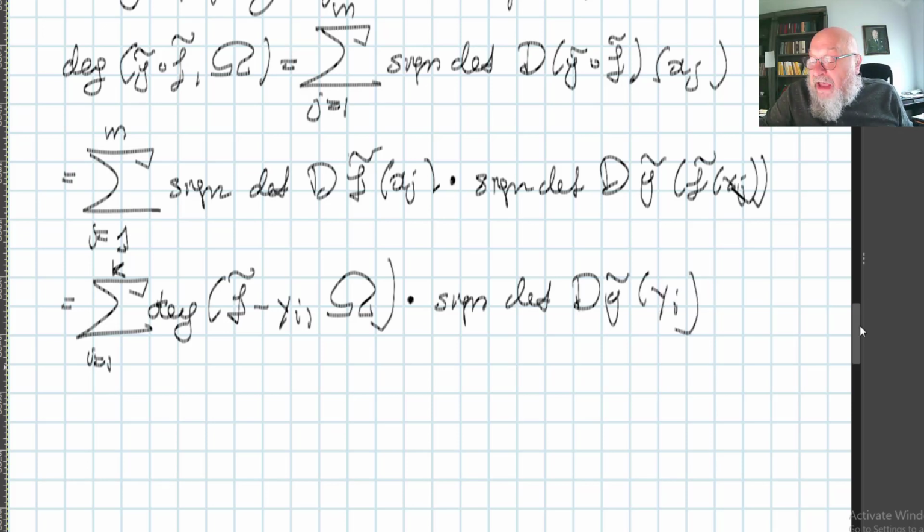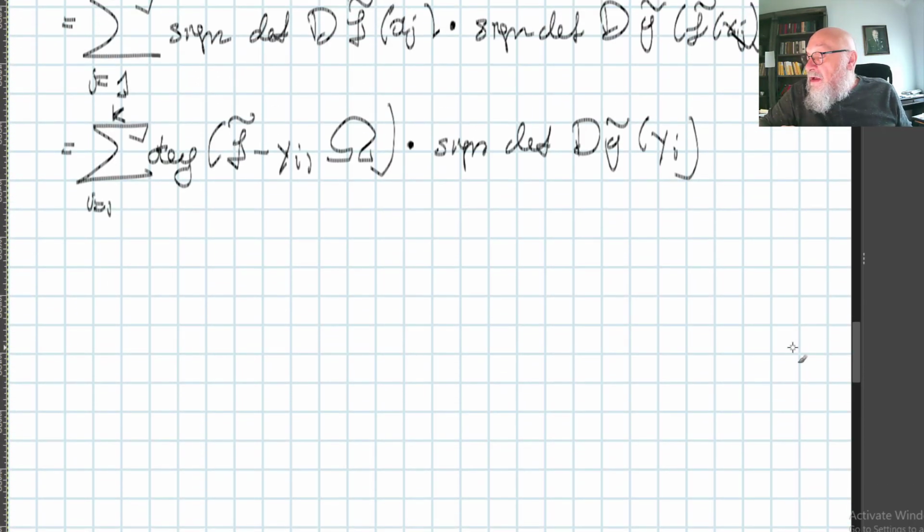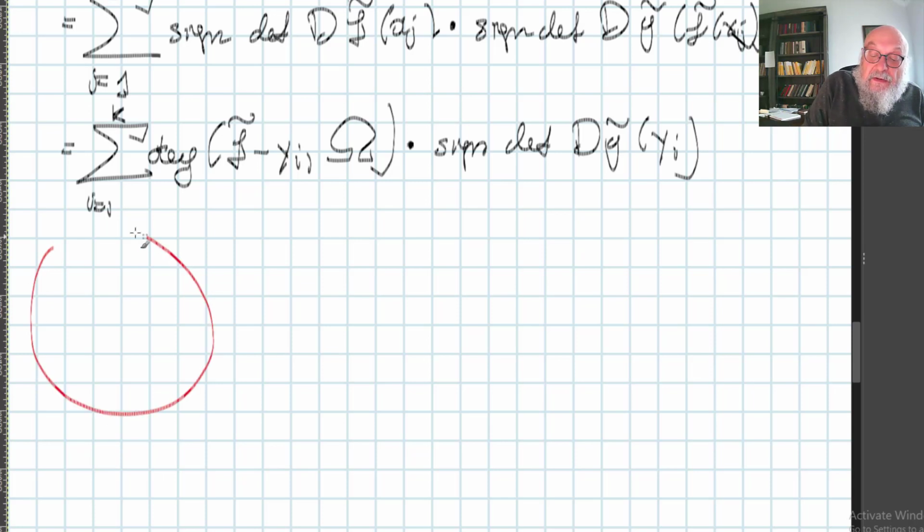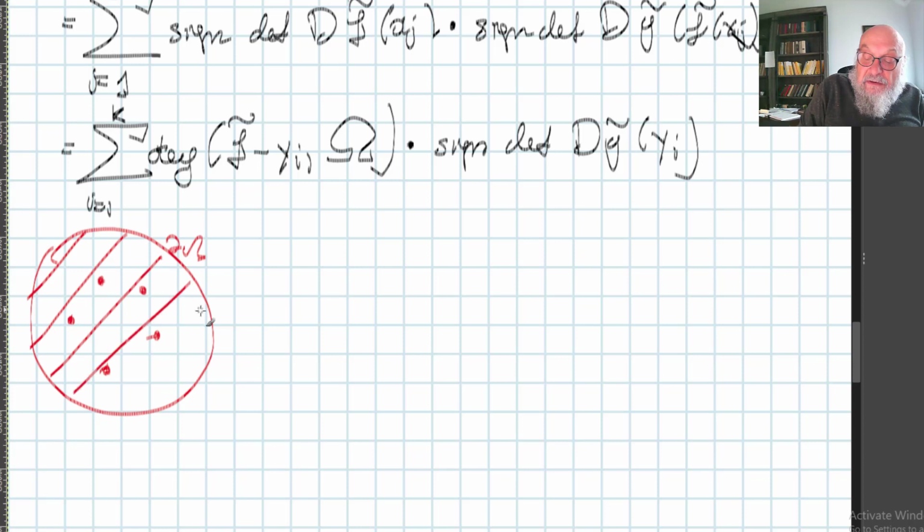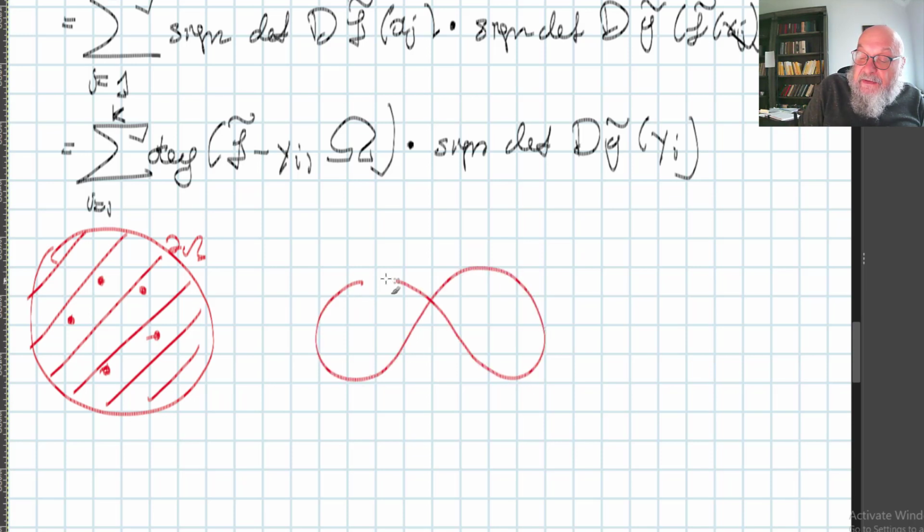Suppose this is our omega, this is my boundary of omega, and those are my points. This omega is mapped by the map F, and here maybe I use a different color.